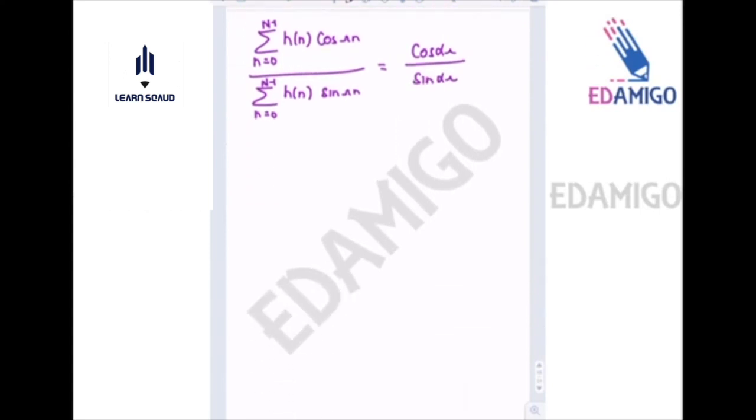Now by cross multiplication of the two terms and taking the RHS to LHS, we will get this.